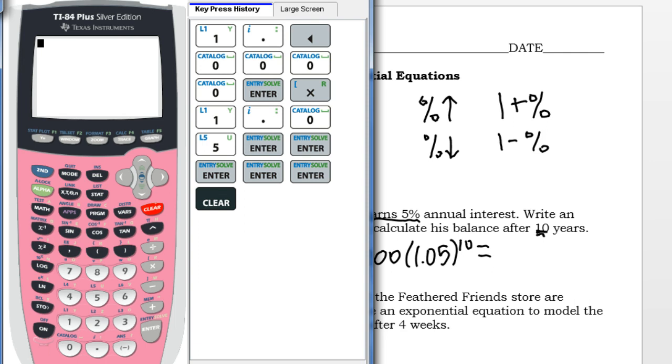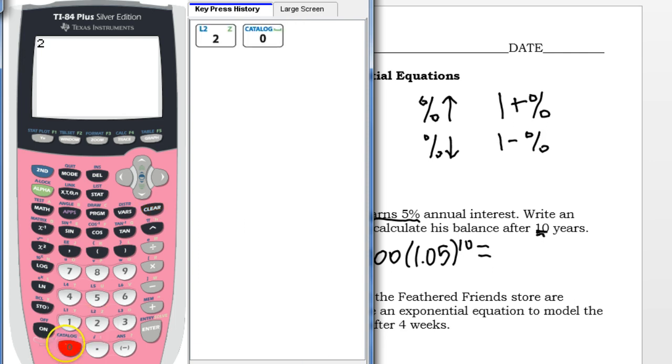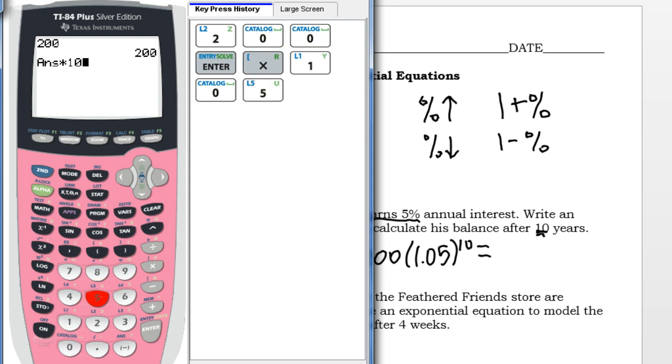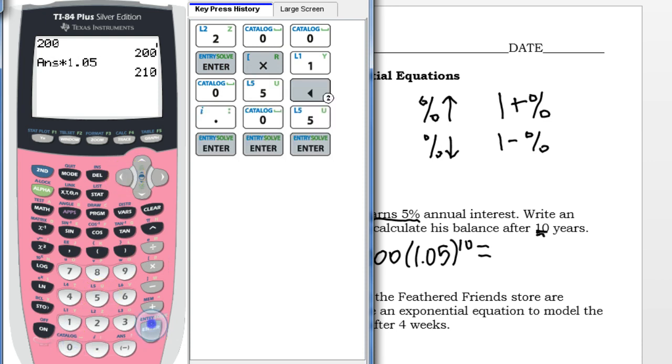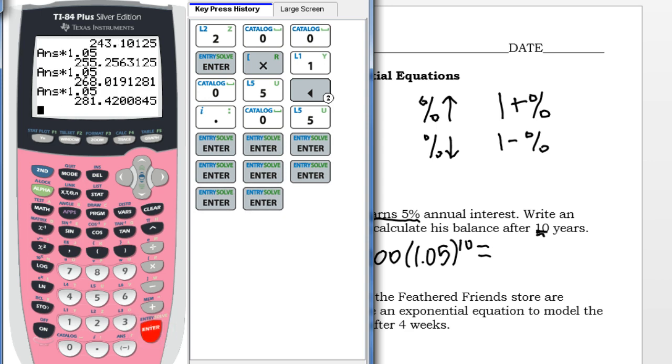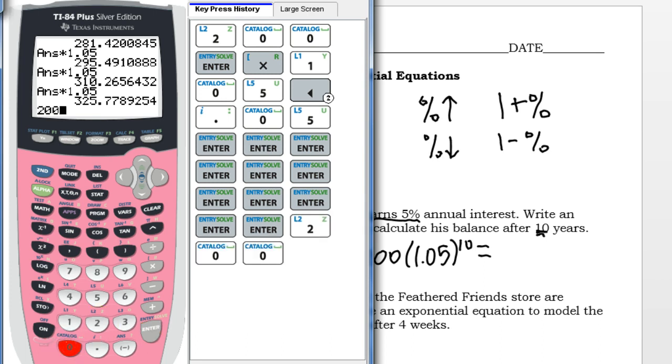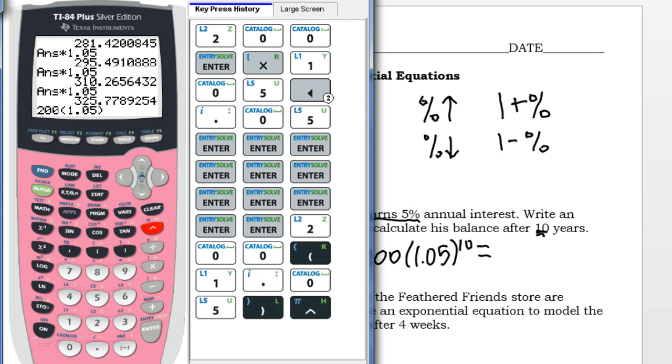So, the old way, which takes a bit of time. The new way, to the power of 10, and I get the same answer.